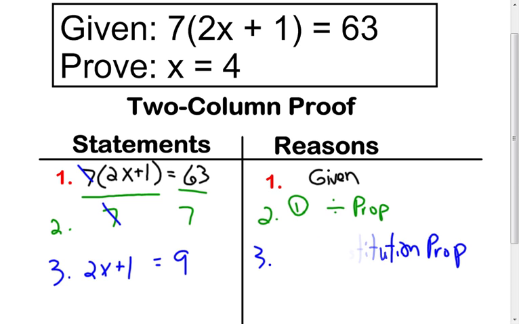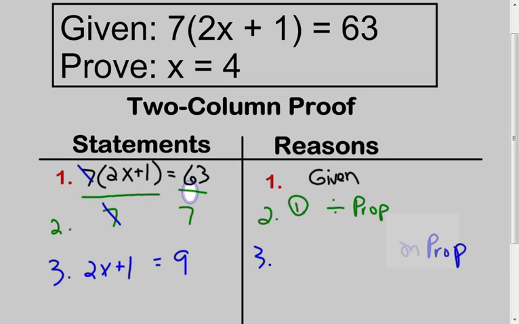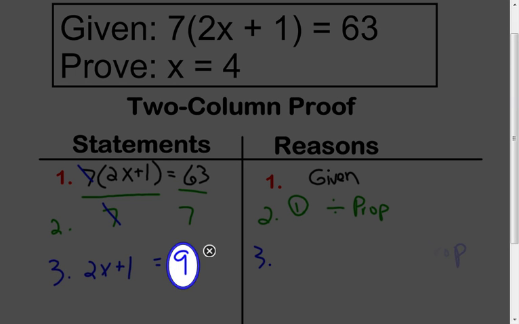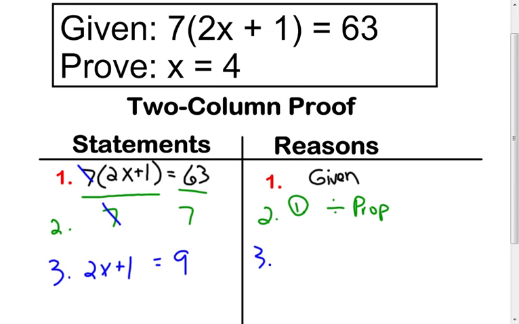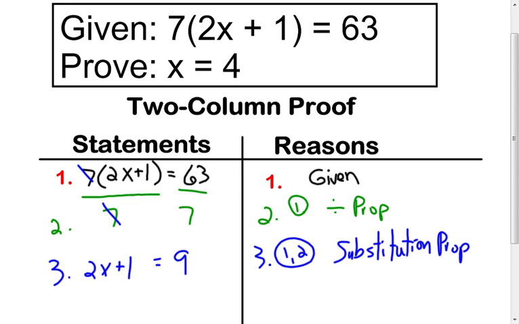And I did the same thing on the other side, replaced this with what it's equal to. So substitution property, and then, oh great, it all went away because I used the magic pen. Let me rewrite this again. And I use line 1 and line 2 to do that.